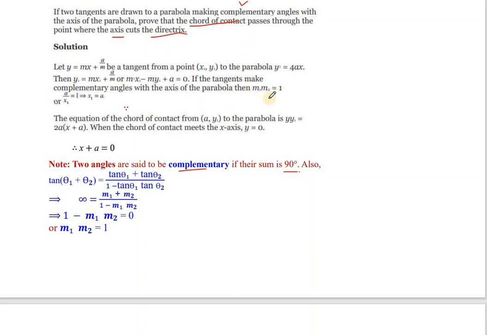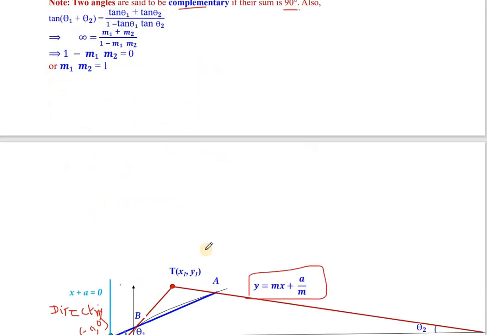So m1 m2 = 1, and from the quadratic the product of the roots is a/x1, so a/x1 = 1. That in turn implies x1 = a. So the point now becomes (a, y1). We are yet to get the equation of the chord of contact.